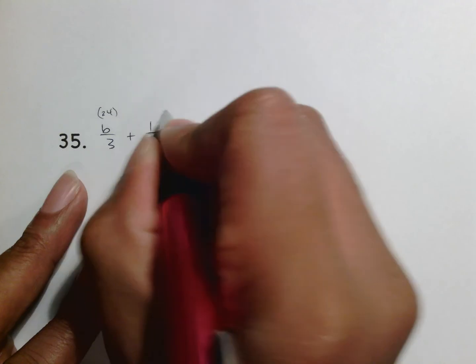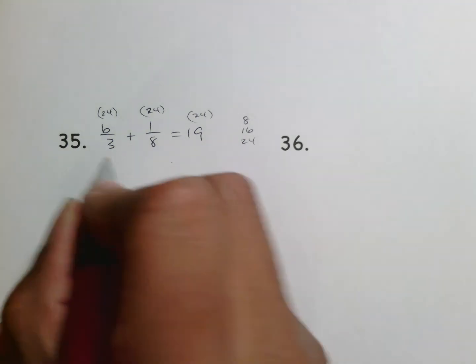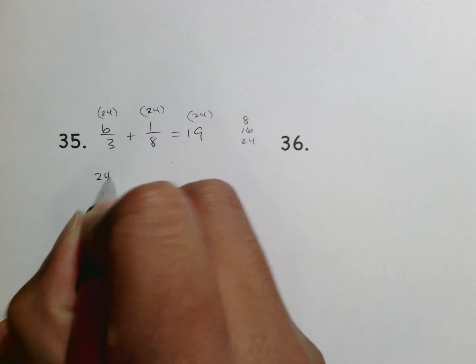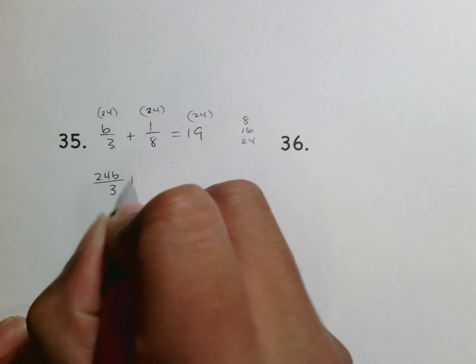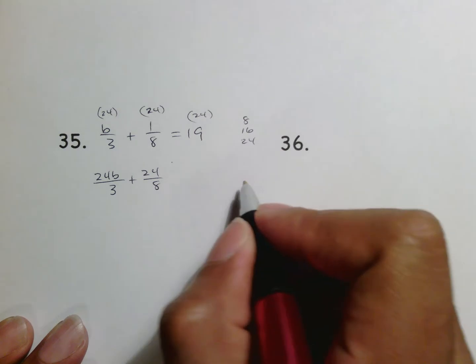So we're going to multiply all three of these things by 24. And yes, the numbers will get big, but you'll notice that the numbers actually are decent in terms of fractions. So you end up with whole number times the top, 24b over 3, plus 24 times 1, whole number times the top, which is 24 over 8.